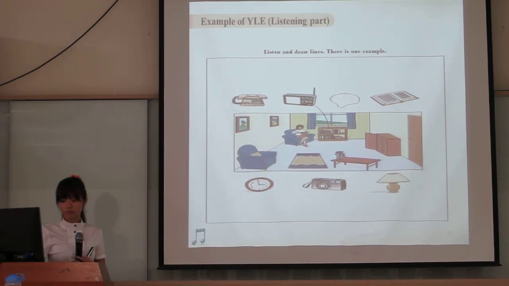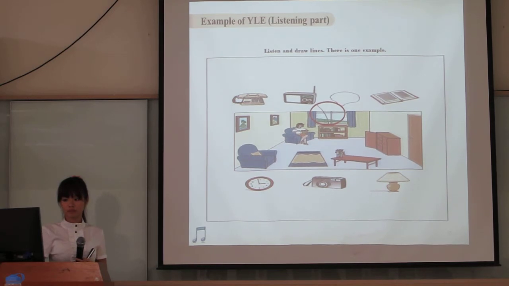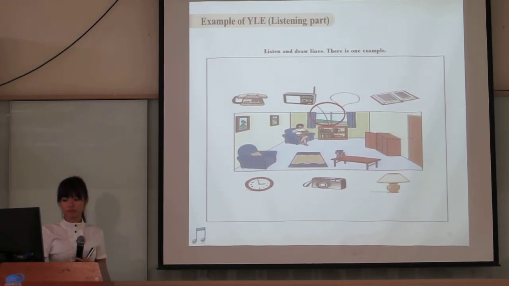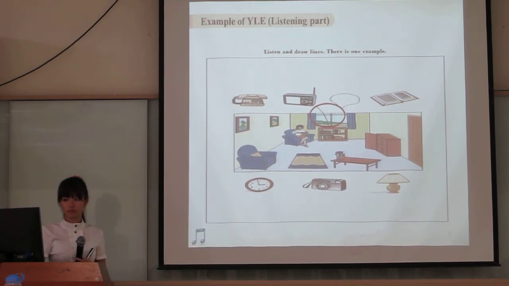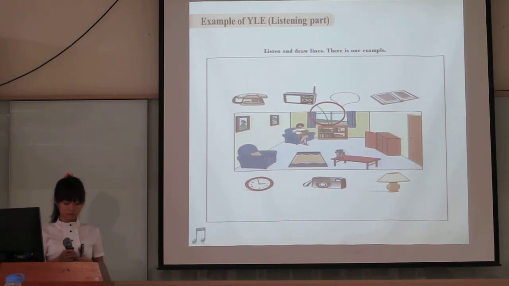Can you see the line? This is an example. Now you listen and draw lines. 1. Put the clock between the two pictures. Pardon? Where do I put the clock? On the wall, between the two pictures.